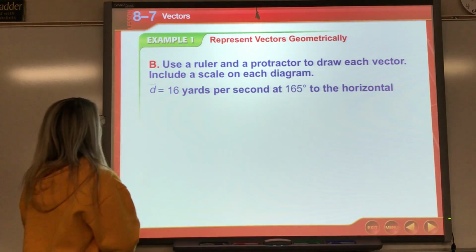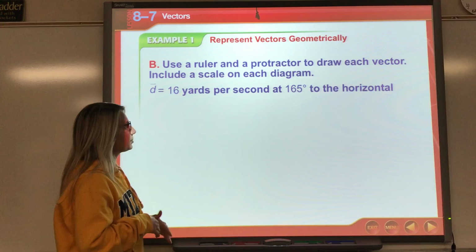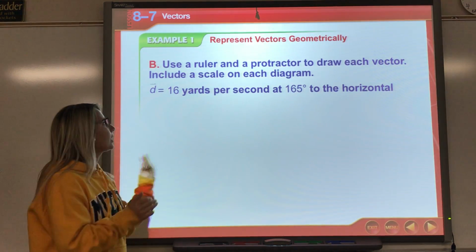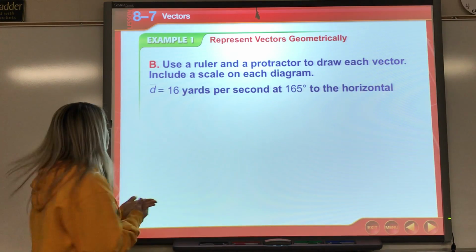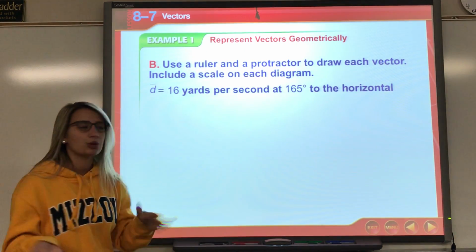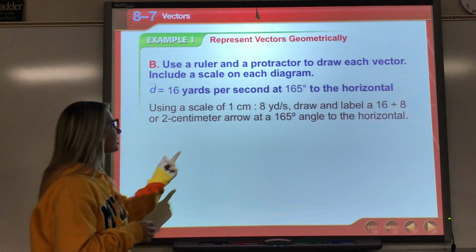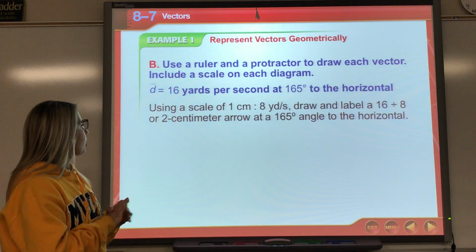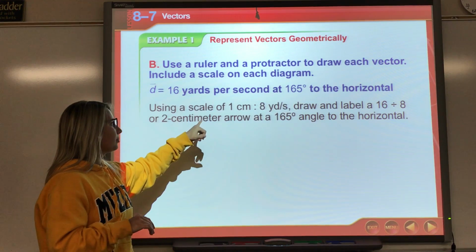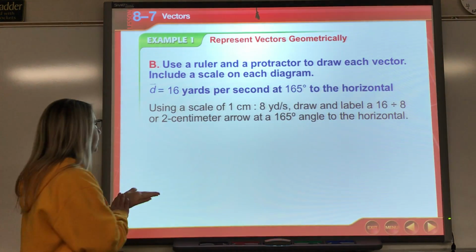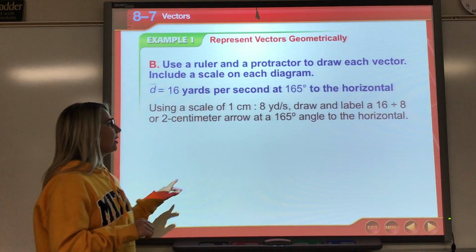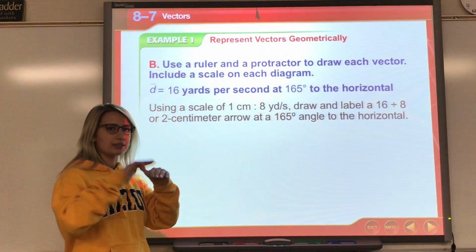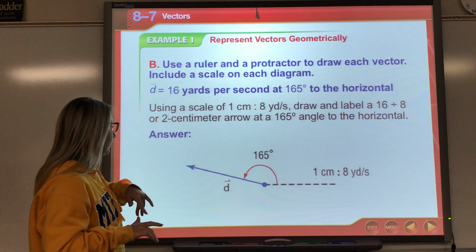Sorry, guys. Okay, so this one now we have 16 yards per second at 165 degrees to the horizontal. So again, we're not going to draw something 16 yards, so we have some sort of scale. The scale that they're using is 1 centimeter to 8 yards. So when we divide that, we get 2 centimeters is going to be 16 yards. And we're just drawing an arrow at a 165 degree angle to the horizontal, from that x-intercept.